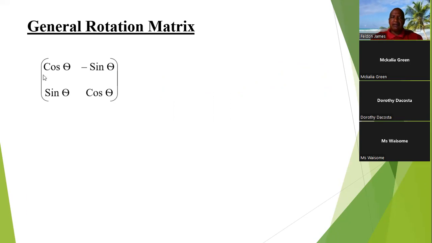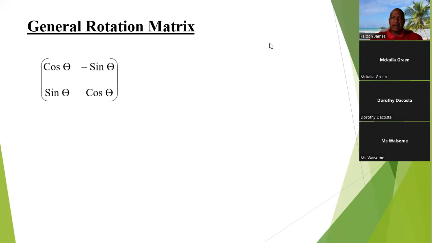Along the diagonal, from upper left to lower right, you have cos theta. The other diagonal, you would have negative sin theta up the top, and positive sin theta below along that diagonal. So once you can remember this matrix to rotate by any angle, you plug in the angle, work out cos and sine with your calculator, then take the matrix, multiply your coordinates, and you get a rotation. All right, good.